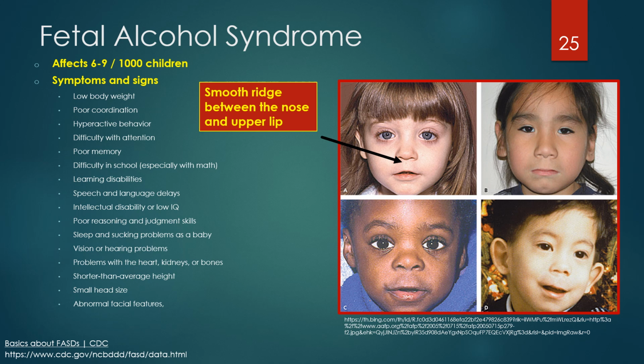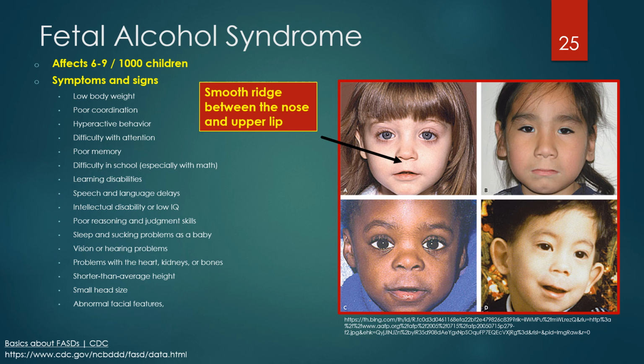FAS symptoms and signs include low body weight, poor coordination, hyperactive behavior, difficulty with attention, poor memory, difficulty in school, especially with math, learning disabilities, speech and language delays, intellectual disability or low IQ, poor reasoning and judgment skills, sleep and sucking problems as a baby, vision or hearing problems, problems with the heart, kidneys, or bones, shorter than average height, small head size.